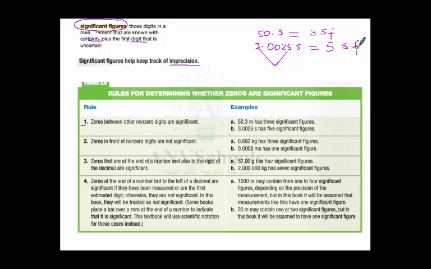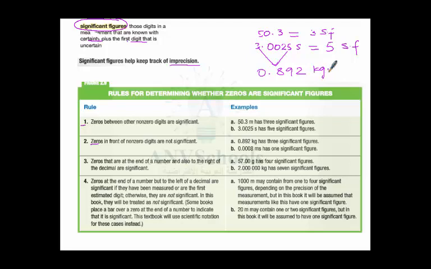The second rule is zeros in front of non-zero digits are not significant. For example, here, 0.892. You could call it kilograms or whatever you want.